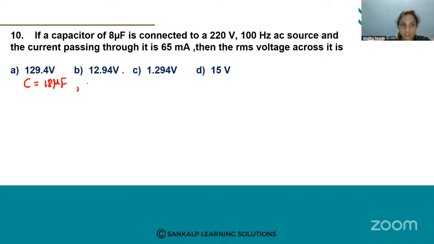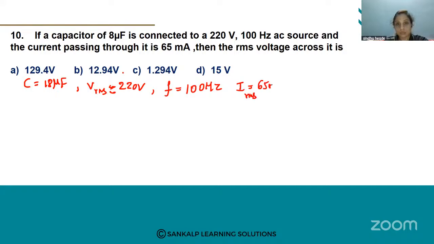Here they give VRMS is equal to 220 volt. Okay, given things. Next, what they give here? They give frequency, that is F is equal to 100 hertz. Okay, then current passing through it is 65 milliampere. So here again they give the current value also, that is IRMS is equal to 65 milliampere. Okay.